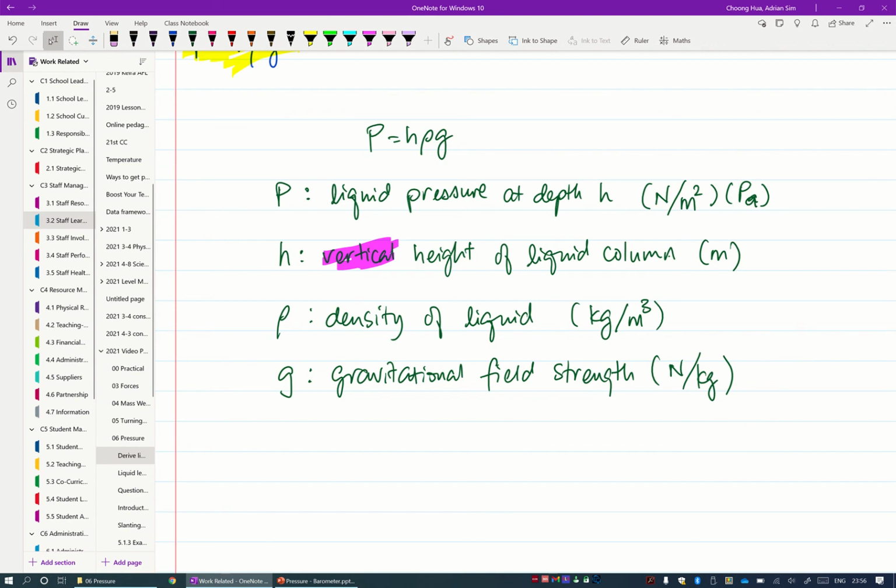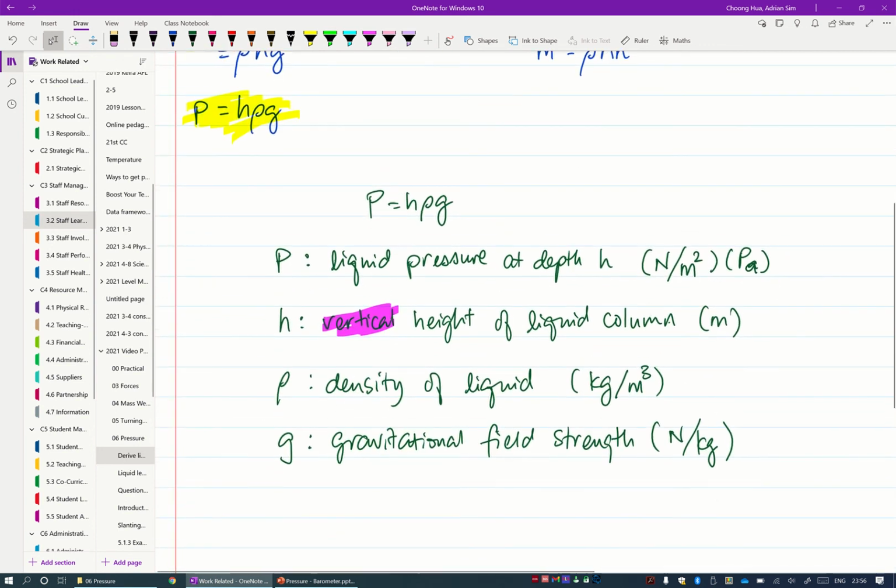Well, you can use that value because the acceleration due to gravity and gravitational field strength have the same magnitude. But because in this particular question, we are dealing with gravitational field strength, not motion, therefore, I express g as gravitational field strength. So this is the new formula. P equals h rho g. Right, and P, h, rho, g, these are what it represents.